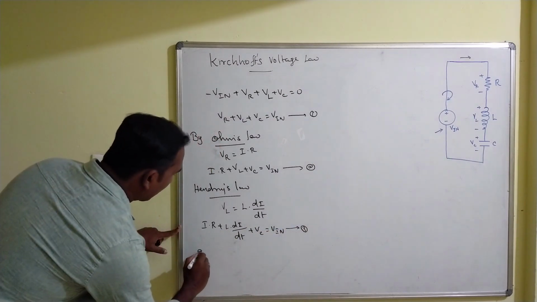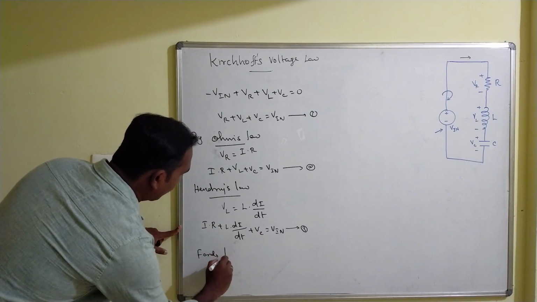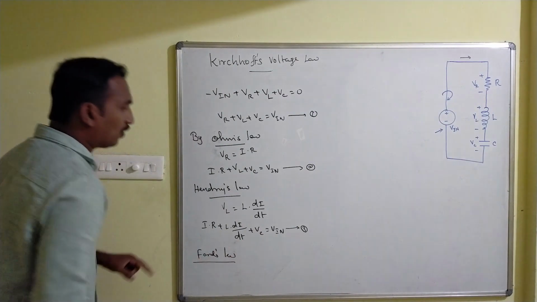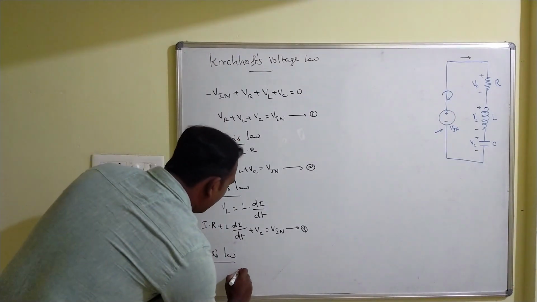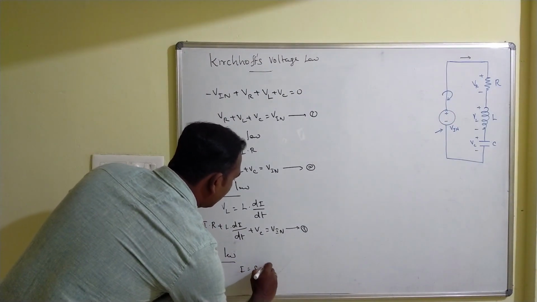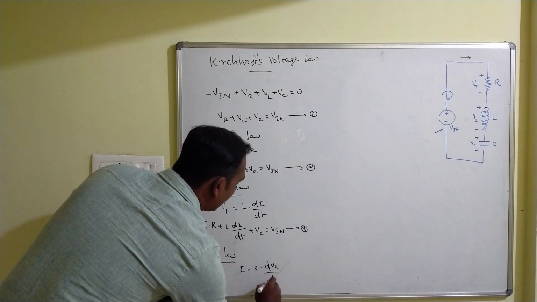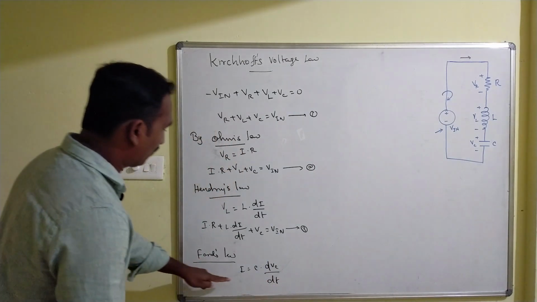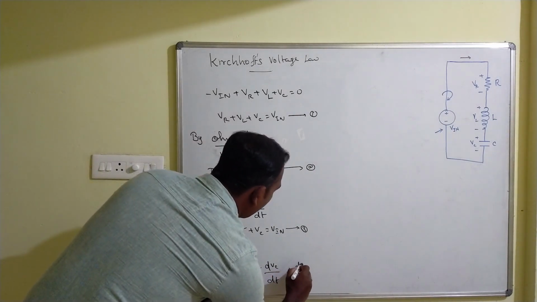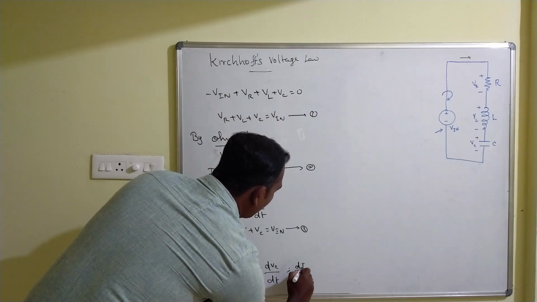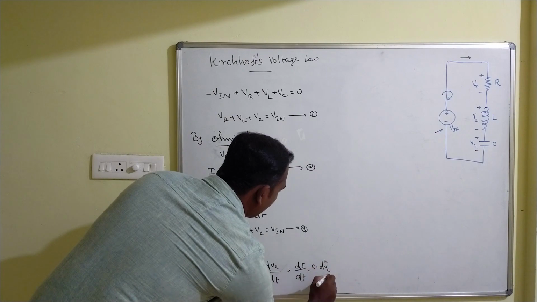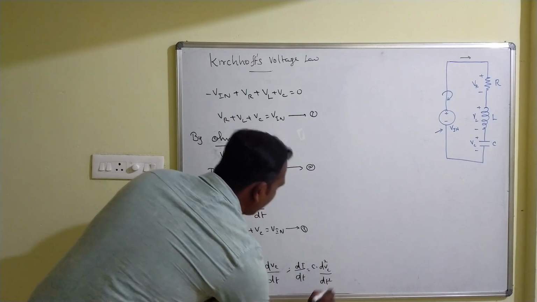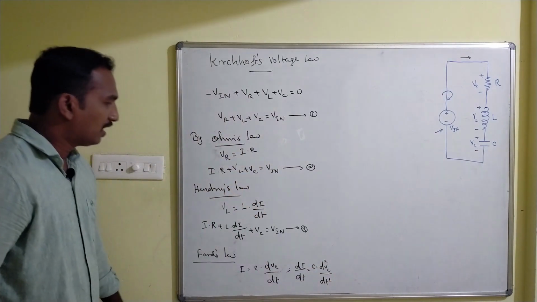Now by Faraday's law, for the voltage across the capacitor, I can be written as C times dVc divided by dt. Therefore, di by dt will become C times d square Vc divided by dt square.